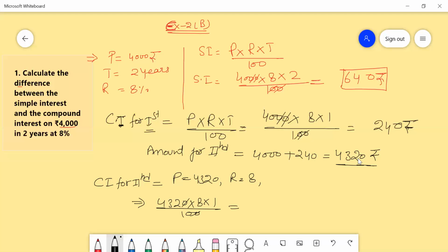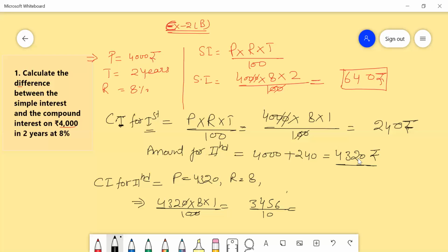When we simplify these terms, 8 times 0 is 0, 8 threes are 24, 8 fours are 32, and so on, we get 3456 upon 10.